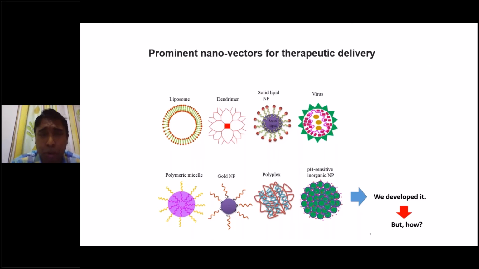There are different types of nanoparticles: liposomes, dendrimers, solid lipid-based nanoparticles, even viral particles, even though they have some potential adverse effects, carcinogenicity, immunogenicity, polymeric micelles, gold nanoparticles, polyplexes, and the pH-sensitive nanoparticles that we have developed. This is an important nanotechnology platform that we pioneered, and it has a property that is absent in other existing nanoparticles.